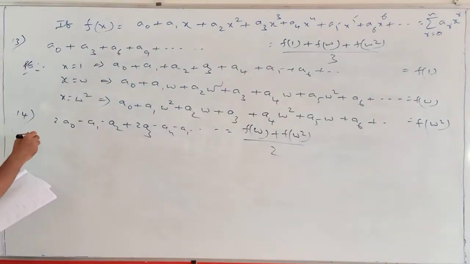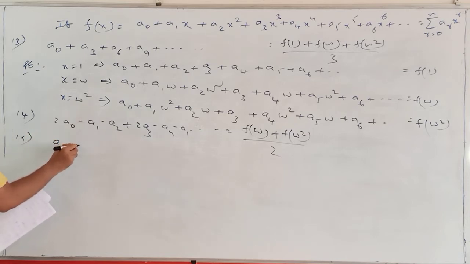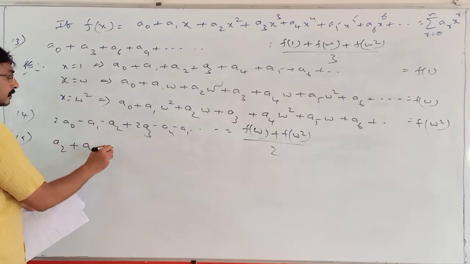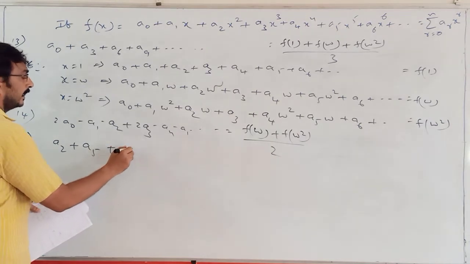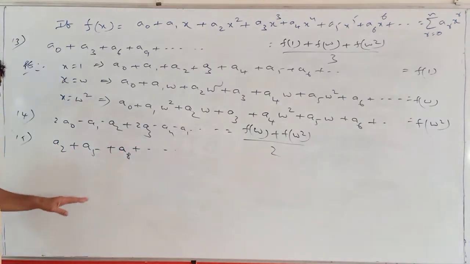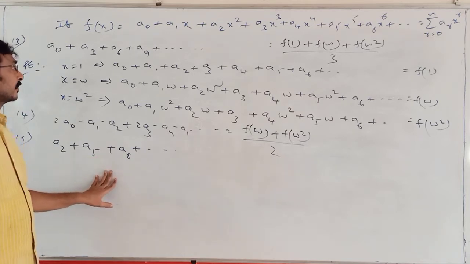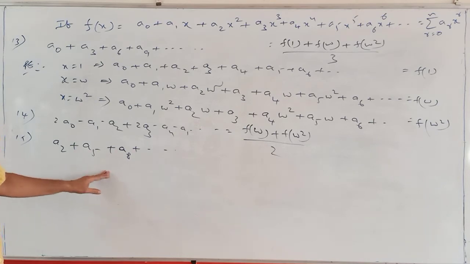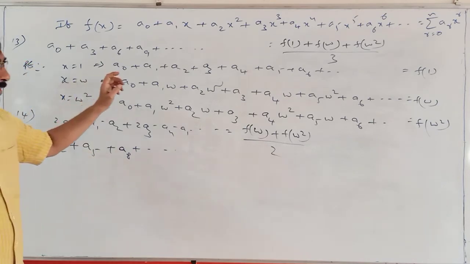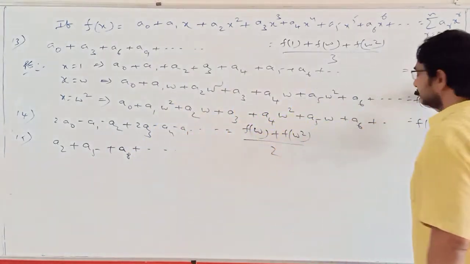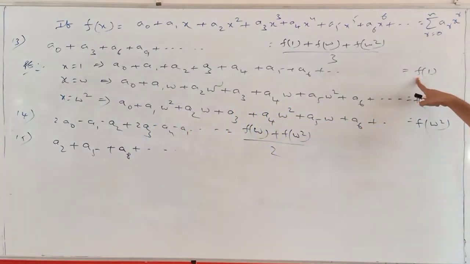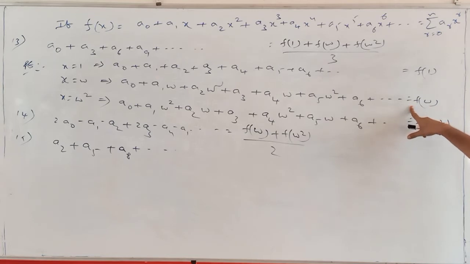Next one: a2 plus a5 plus a8 and so on. In this one also the difference of consecutive suffix values is 3, but it starts from 2. This one is obtained by using the operation: first one plus omega into second one plus omega square into third one.